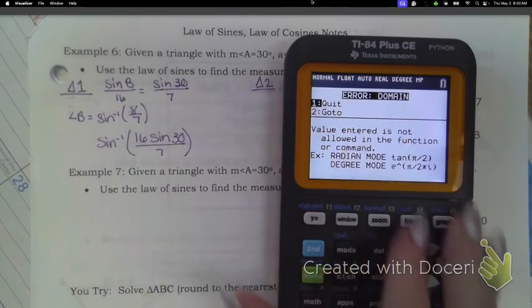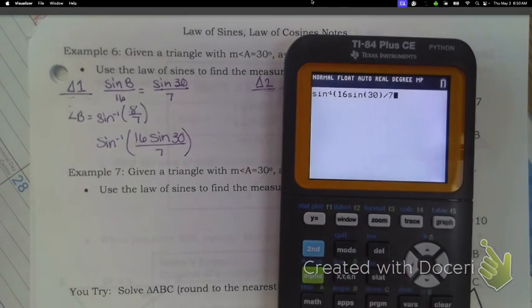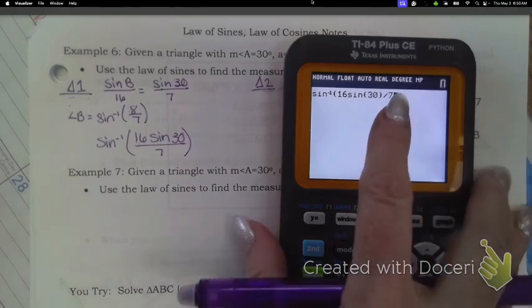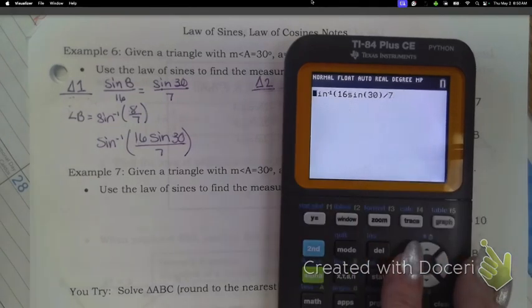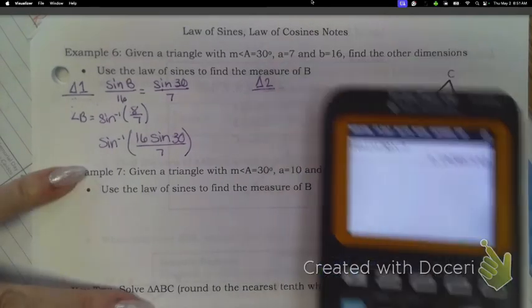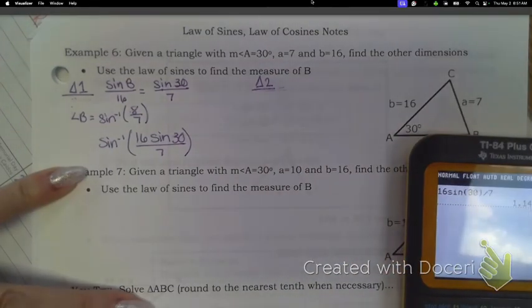So what you need to do is go back and delete your end parenthesis and delete your inverse sine. So it just shows what I'm taking the inverse sine of, and hit enter. So it's 16 sine 30 divided by 7.